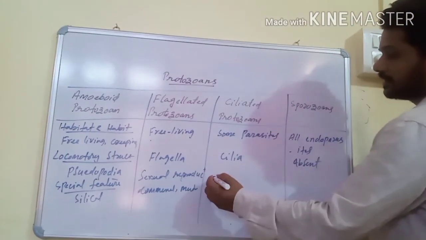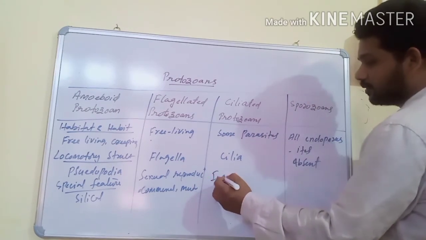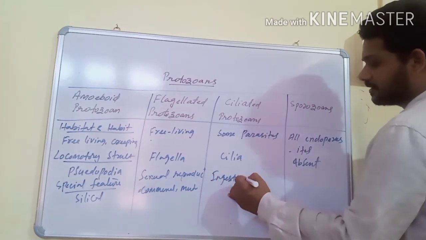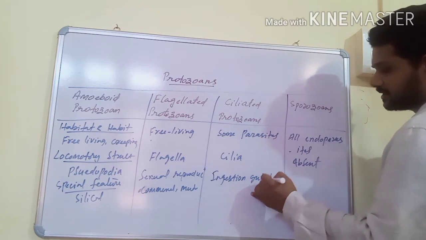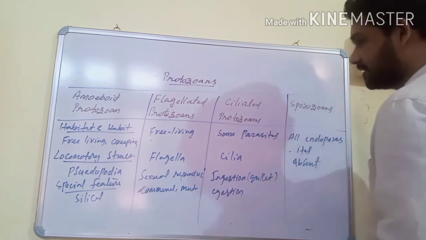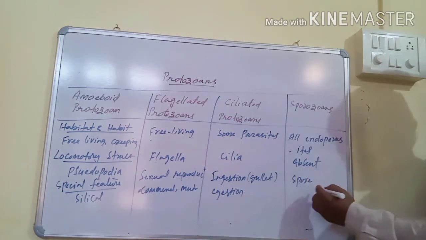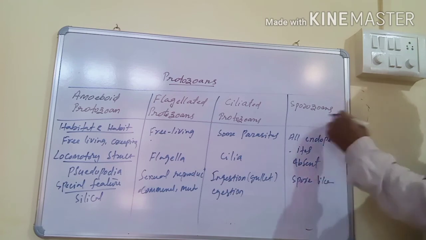Ciliated protozoans possess a special region for ingestion, called the gullet, and special regions for egestion also. Spore-like structures are present in sporozoans.